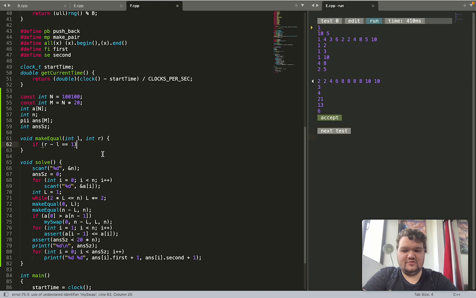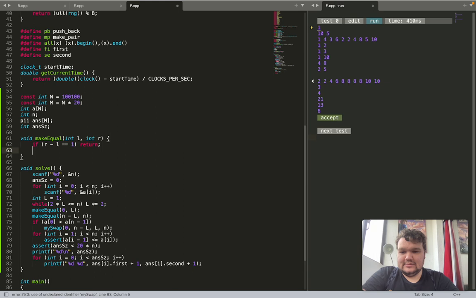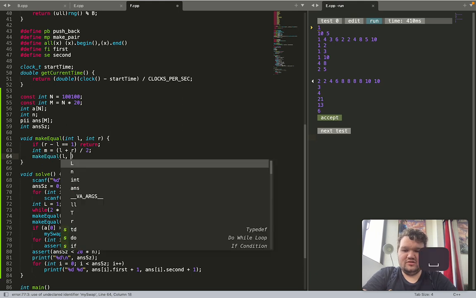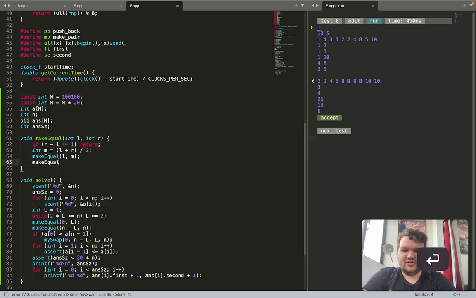So if I have only one element, it's great. Otherwise, I will split it in two, call make equal on the left and right parts.